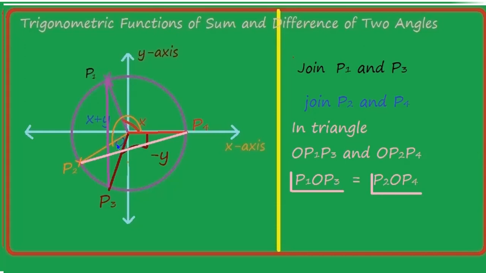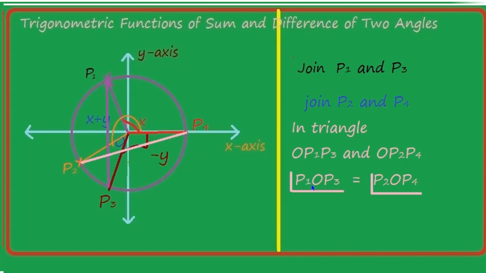This angle is y. And in triangle OP2P4, this angle is y. Even if it is negative, when you treat it as a triangle, it is a positive angle. Therefore this angle is y. And this is a common angle. This is x plus y, and this is also x plus y.